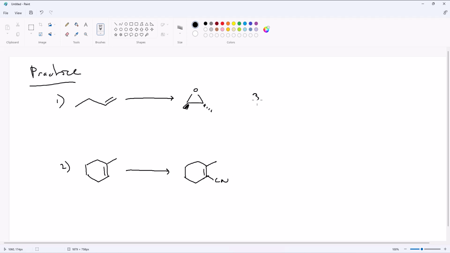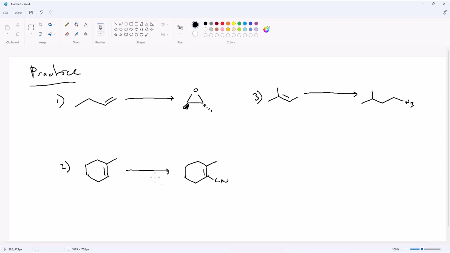And the final one is going to be this reagent here, transformed to this azide functionalized reagent. So if you want to pause here and work on these problems, and then unpause and we will go over the answers.